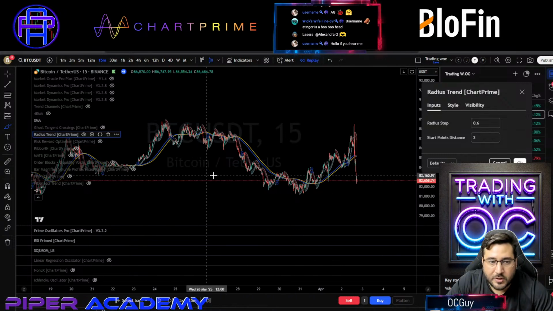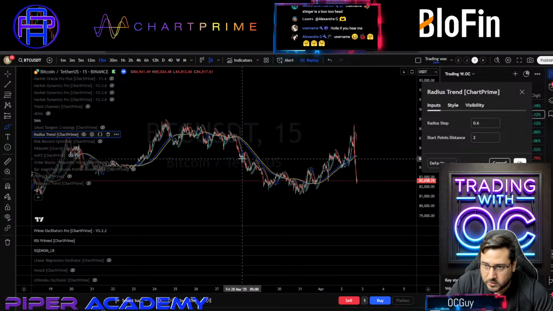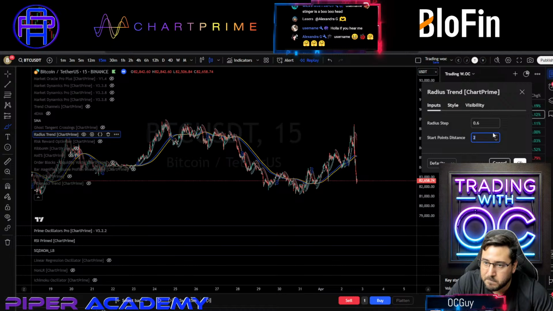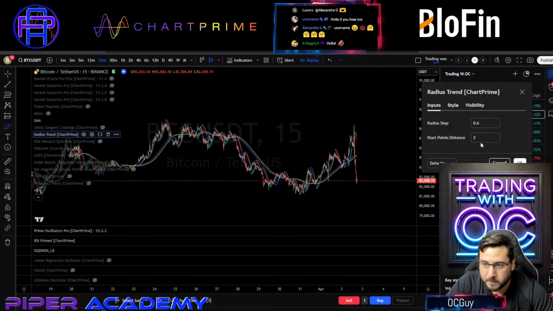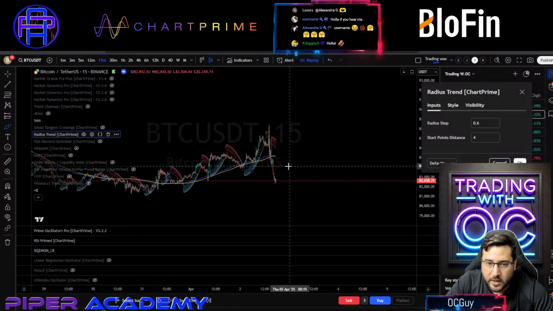All right, so as you can see, we're having a tighter radius, right? But also the start point, we haven't changed it. So that is also impacting the radius steps. Let's go, instead of 2, let's go for 4. And what are we having?